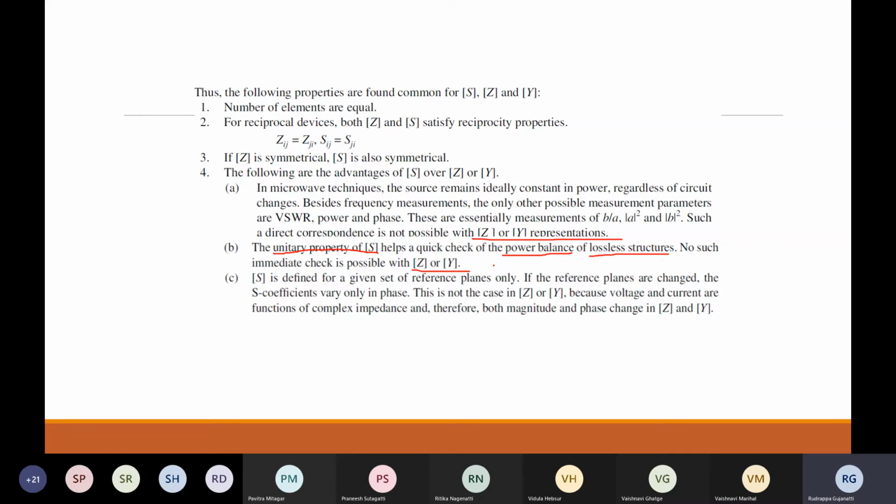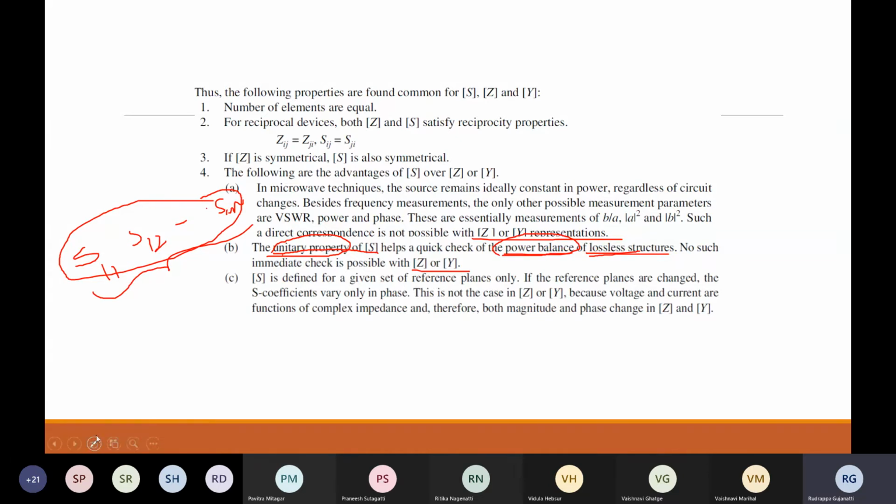Say I measure all the parameters, S11, S12, and so on, and I see that they satisfy the unitary property. Indirectly, I get an indication that the network is actually a lossless network, which satisfies the power balance condition.